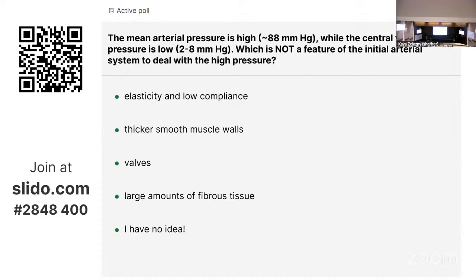So we're going to see that our mean arterial pressure is going to be pretty high. We know that our veins in general are low pressure. Our central venous pressure coming right back to the heart is low enough that often we're going to just kind of wave it away when we look at our equations. It's only going to be about 2 to 8 millimeters of mercury for its pressure. Some of our features of arteries are related to that high pressure.